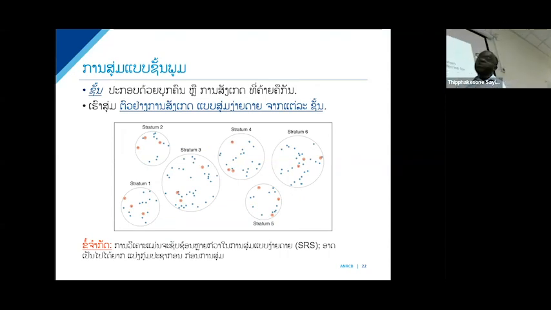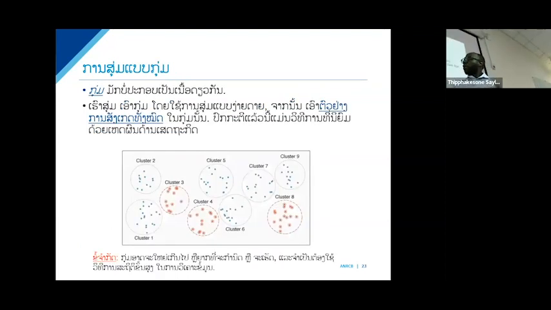Now, you can also use the idea of cluster sampling. If there is an inherent grouping of your sample already by location, by school, and so on, you can decide to use clustering there, where you select the schools first, and then you select the students within the schools.